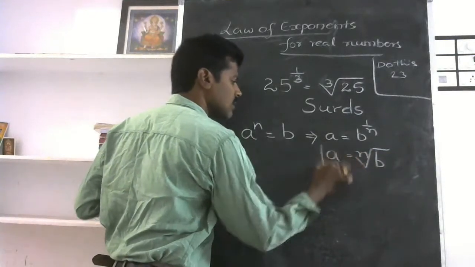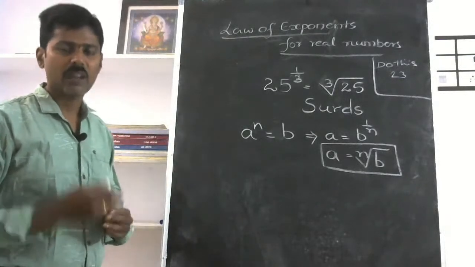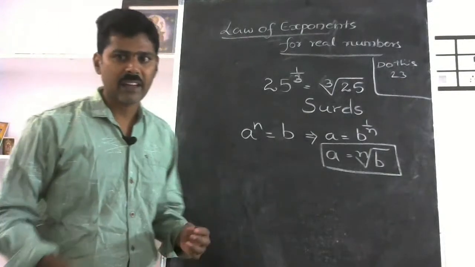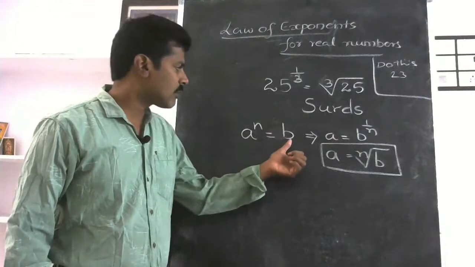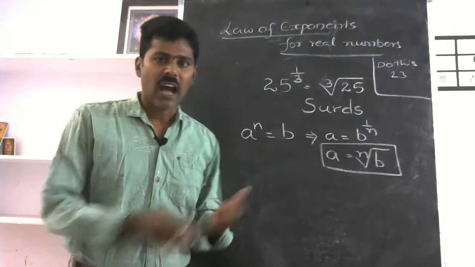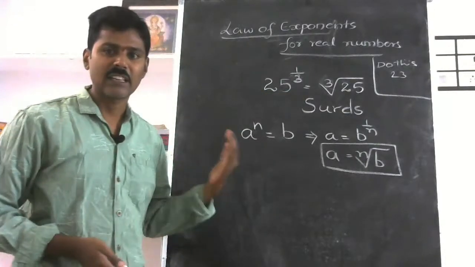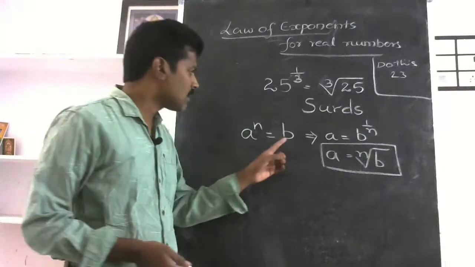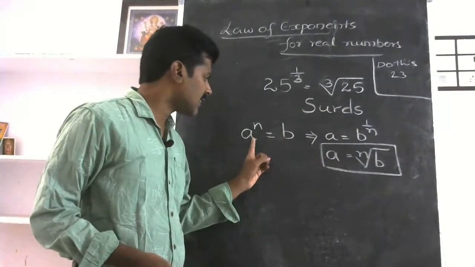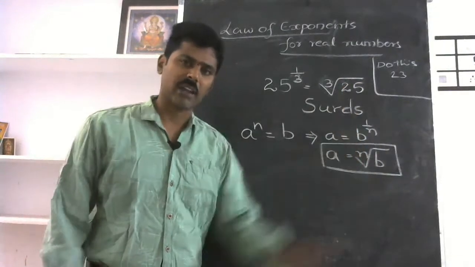A is equal to nth root b. This notation you have to register in your brain first. I am repeating again. A power n is equal to b, then a becomes b power 1 by n. I have explained how that n becomes 1 by n on that side in the beginning. Similarly, directly you can write that a is equal to nth root b also.